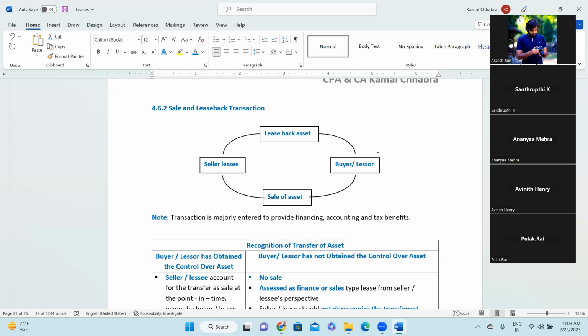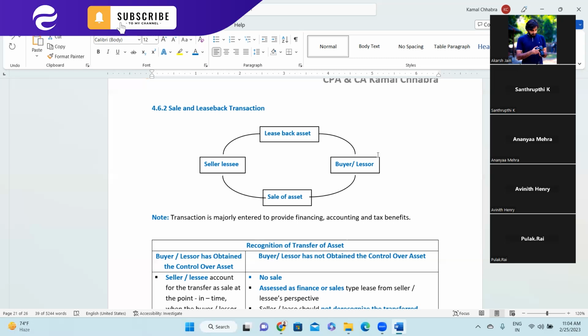Does everyone agree with what Ayush has shared? Pulak, Avneet, Ananya. So a sale and leaseback transaction is generally when a company is asset heavy, right? And they are short of working capital.